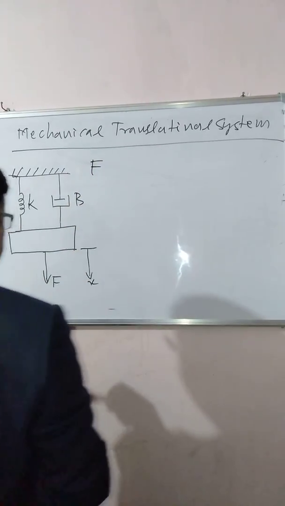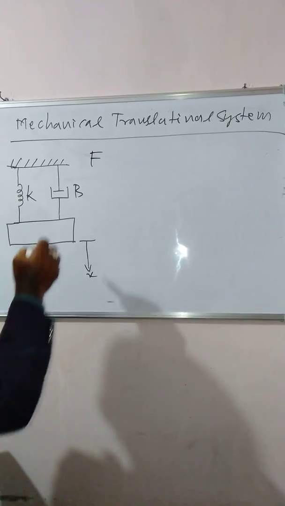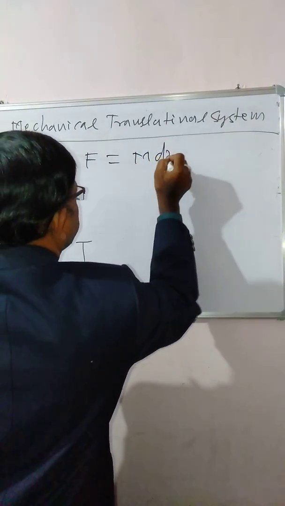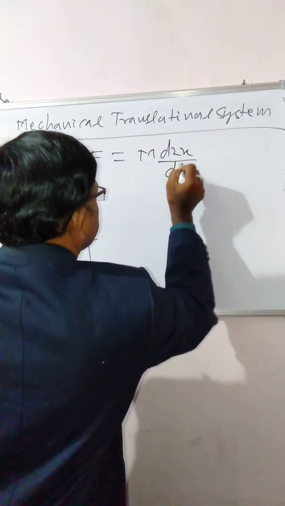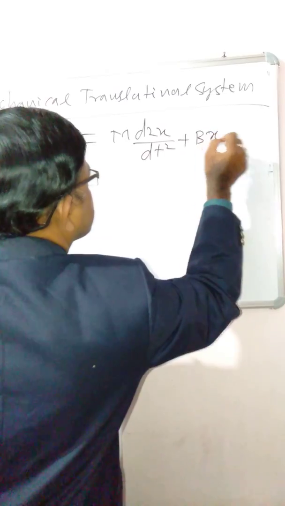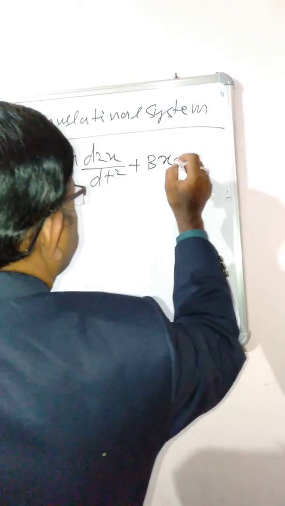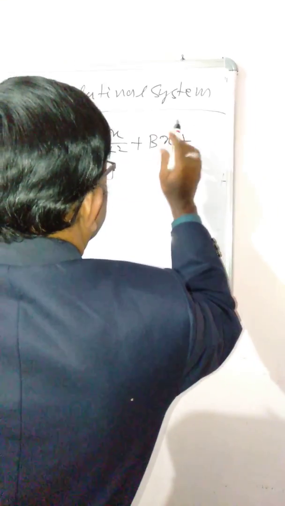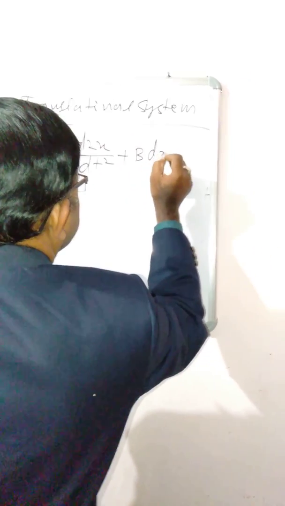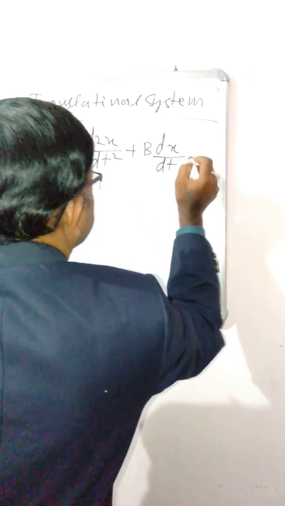We have already found the differential equation for this system: F is equal to m d square x by dt square plus b dx by dt plus kx.